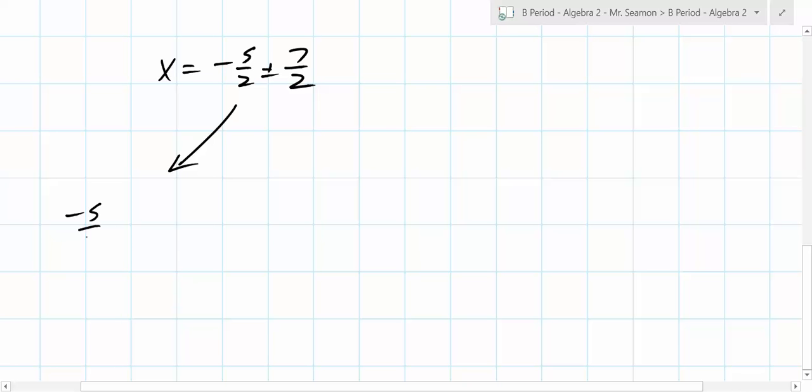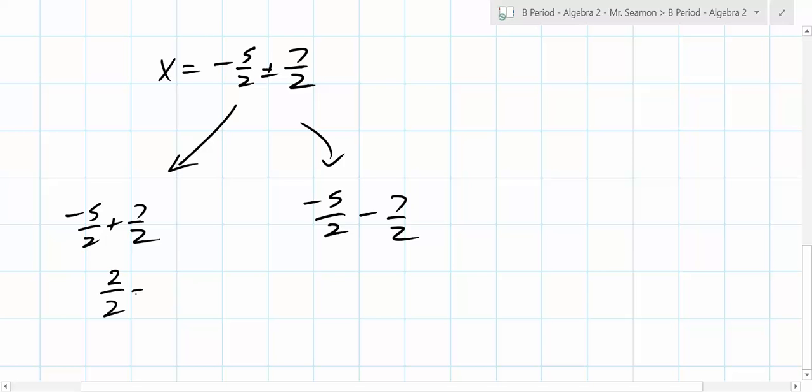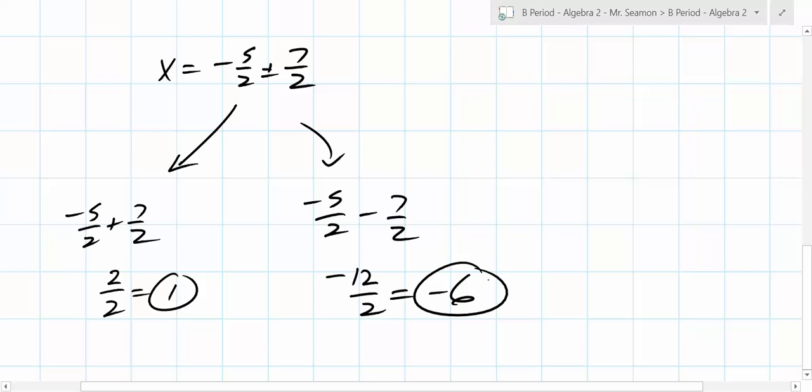So you have negative 5 over 2 plus 7 over 2, and you have negative 5 over 2 minus 7 over 2. What's negative 5 plus 7? 2 over 2, which is 1. And what's negative 5 minus 7? 12 over 2 is negative 6. Do you have the same answers?